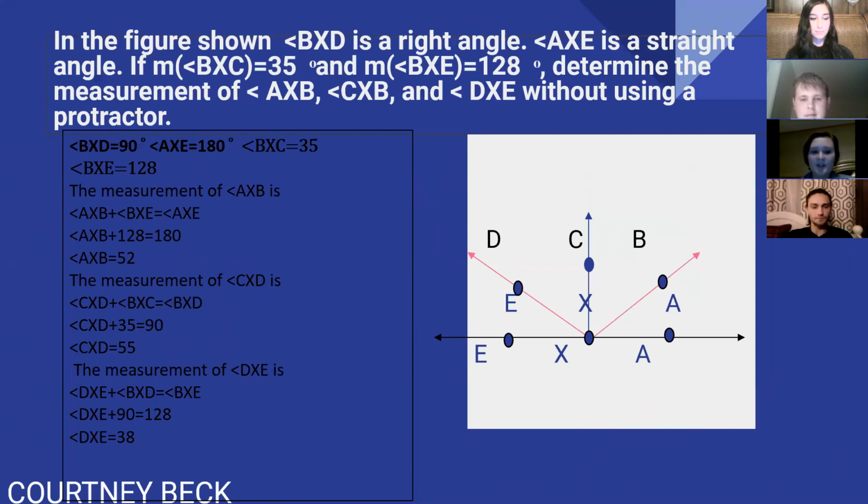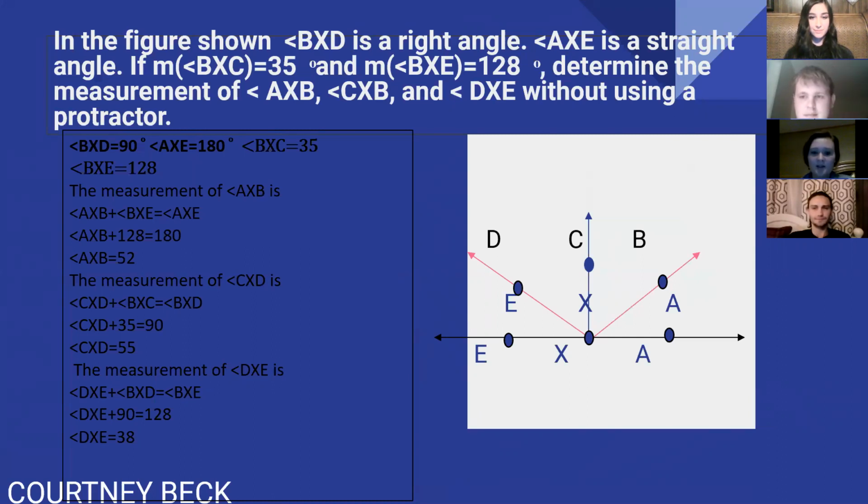For our first measure, we're trying to find the degree of AXB. Since we know the angle BXE is 128 and the angle AXE is 180, we can subtract 128 from 180 and we'll get 52 for angle AXB. The second angle, we're trying to figure out the measurement of angle CXD.